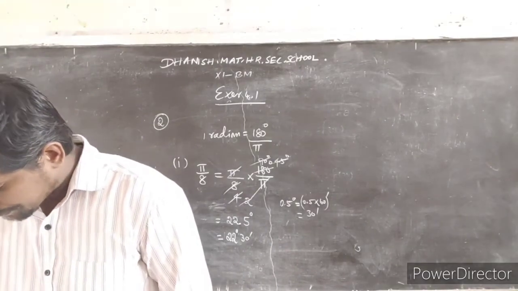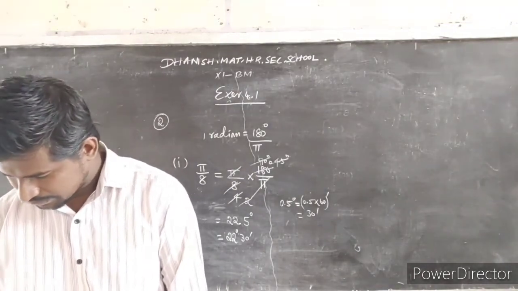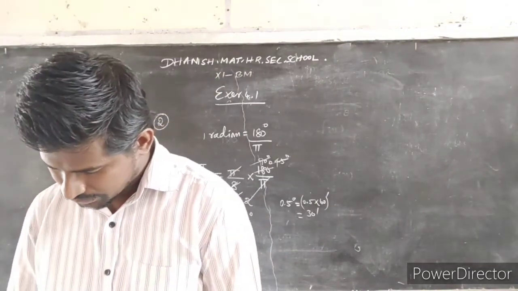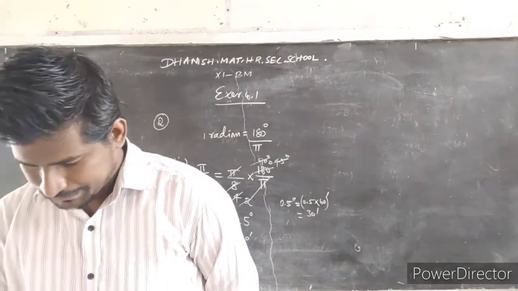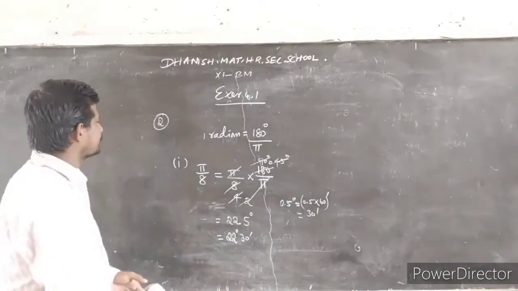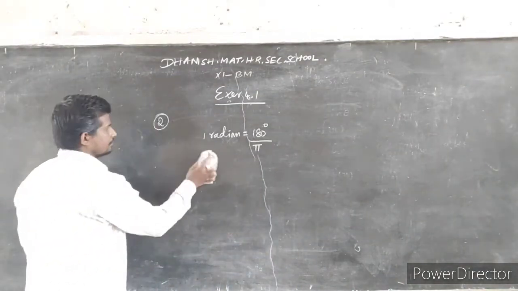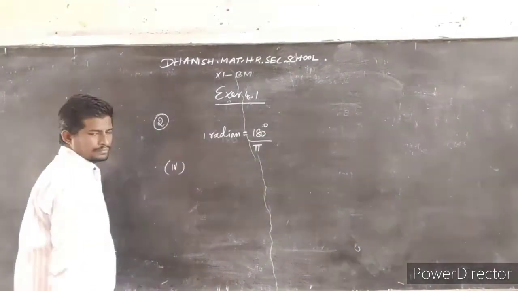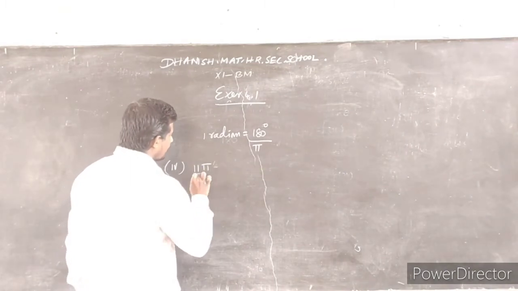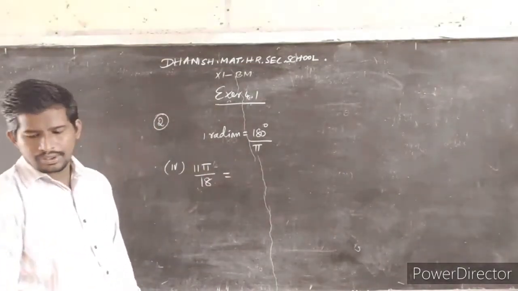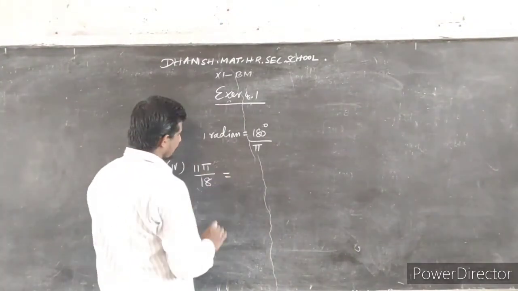The second one, 9 pi by 5. Second and third you will do as homework. I'll do the fourth one. 11 pi by 18 radians equals, now I am going to convert this number into degree.